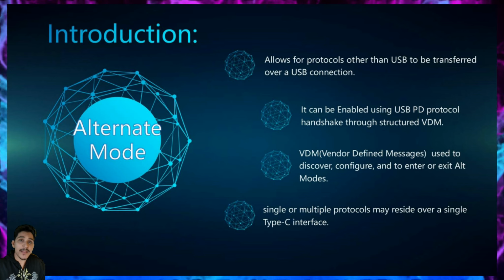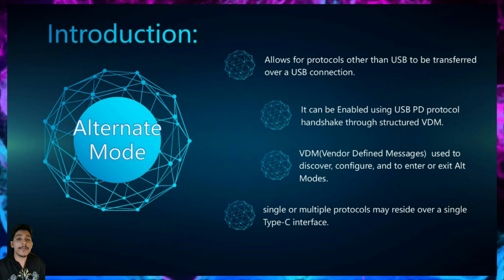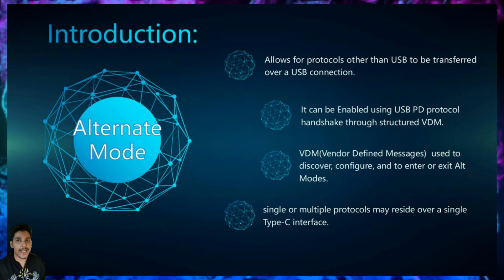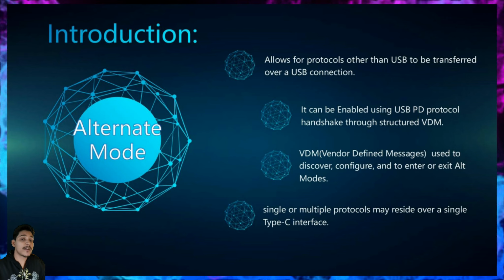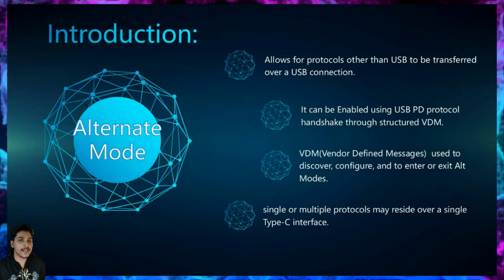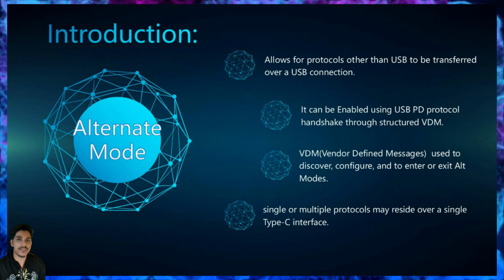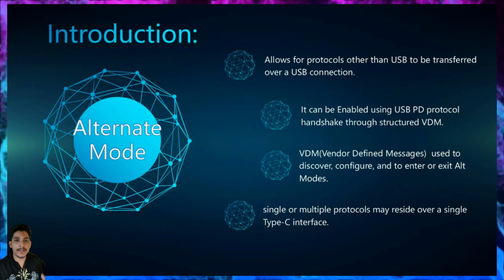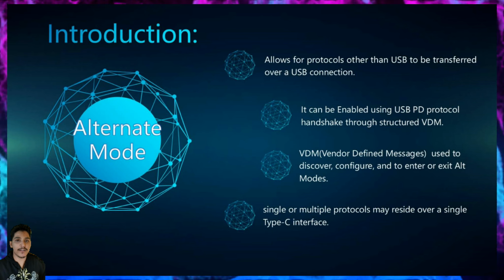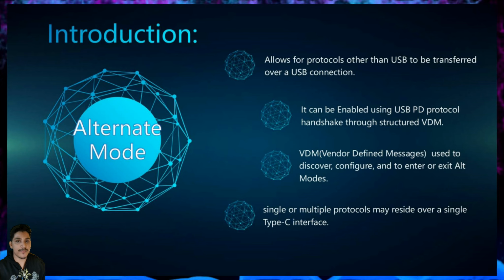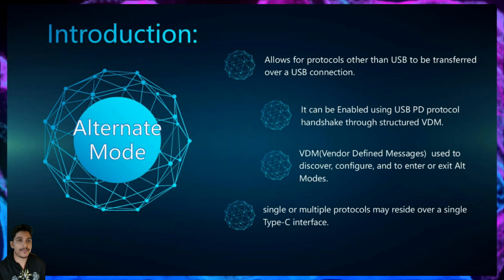The alternate modes and the power delivery can be enabled using the power delivery protocol handshaking, which I mentioned before, through vendor defined messages, VDM, which stands for vendor defined messages. This helps to discover and configure the devices to support different alternate modes and negotiate the voltage ratings.